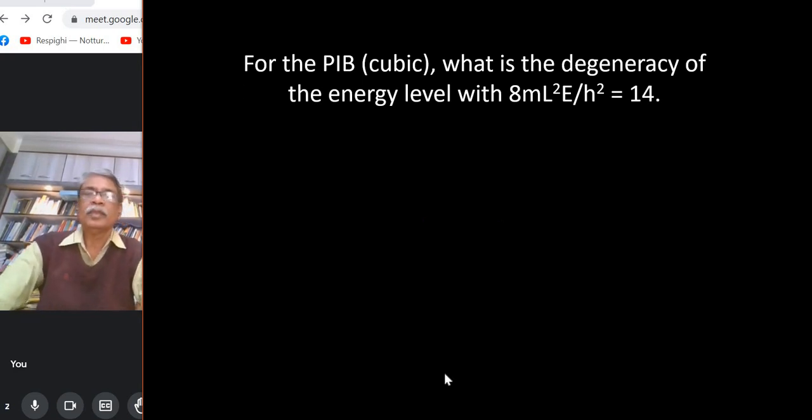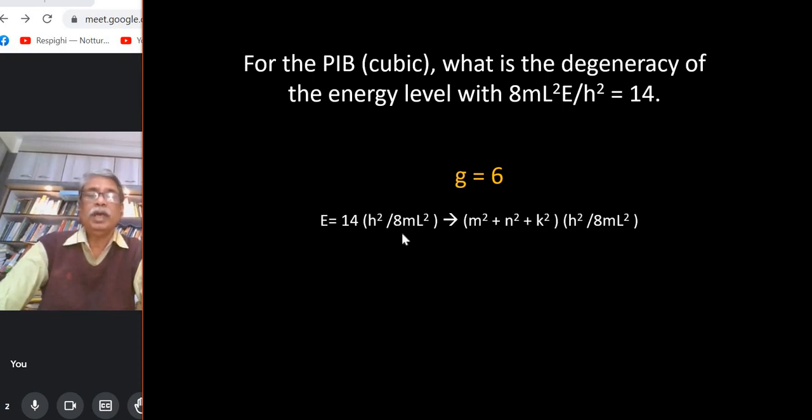Another one, but this time the value is 14. Degeneracy for this energy of PIB? And here the answer is not 1 but 6. How? Again by the same rearrangement you get this energy expression, and here the sum of the squares is equal to 14.